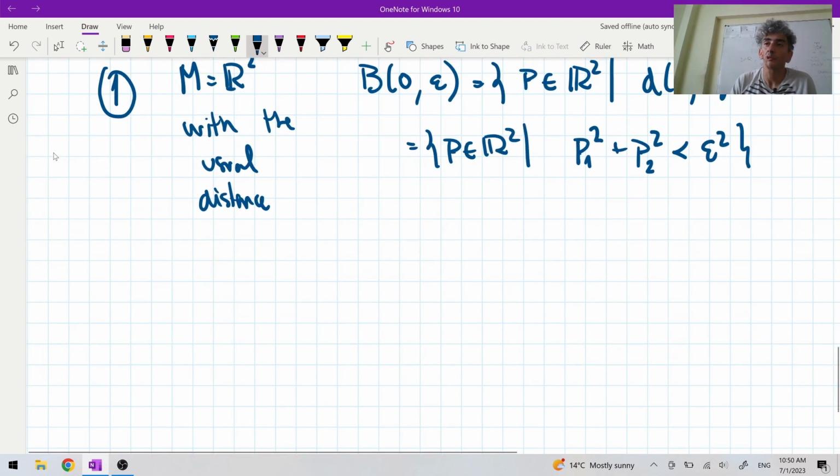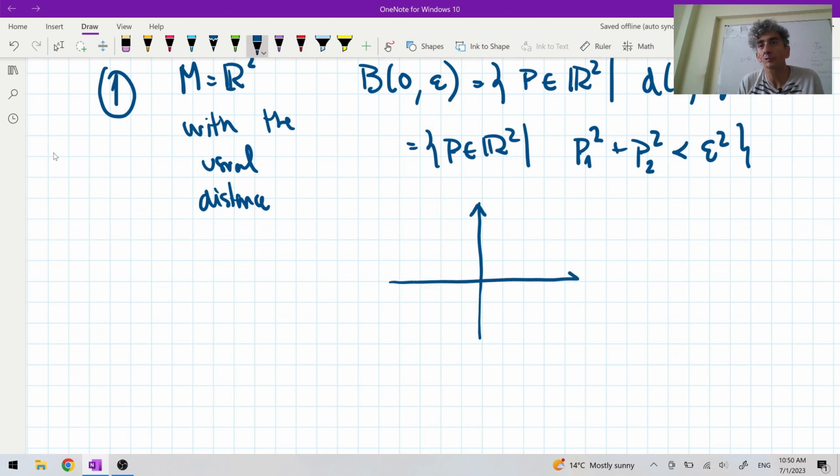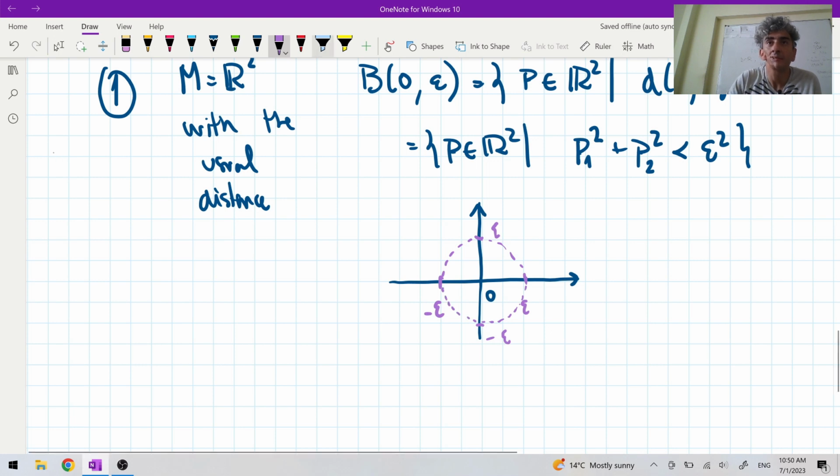So if you take a look, this is just a regular circle of radius epsilon, right? So if this is epsilon, minus epsilon, epsilon, and minus epsilon, you have the circumference limiting the actual ball, right?